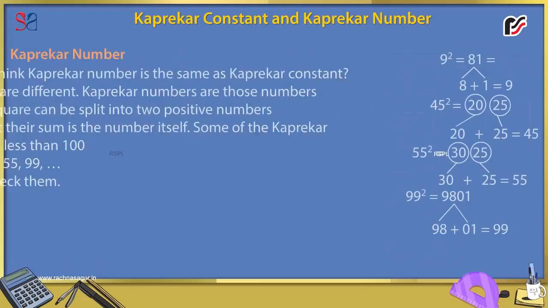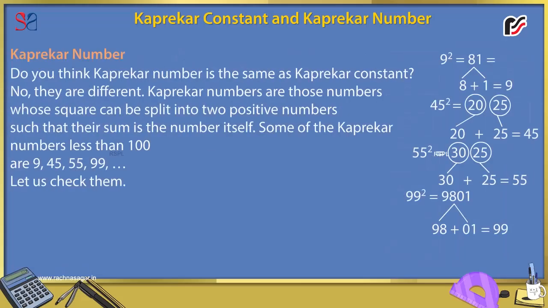Kaprekar number. Do you think a Kaprekar number is the same as the Kaprekar constant? No, they are different. Kaprekar numbers are those numbers whose square can be split into 2 positive numbers such that their sum is the number itself.